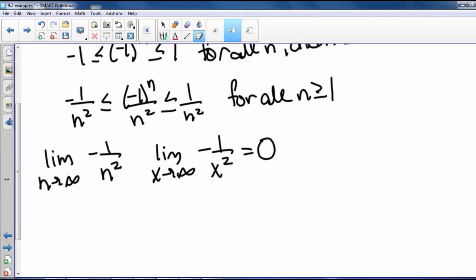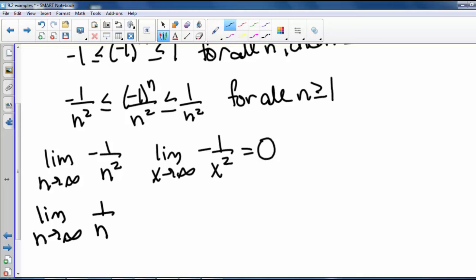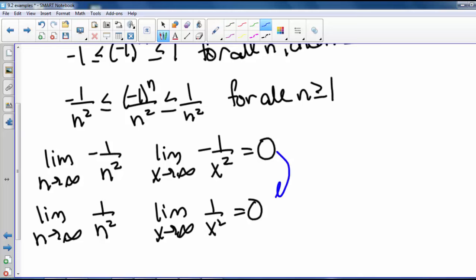And looking at the right side, the limit as n goes to infinity of 1 over n squared, we rewrite that as a function. The limit as x goes to infinity of 1 over x squared, and that also equals 0. So these two are equal.